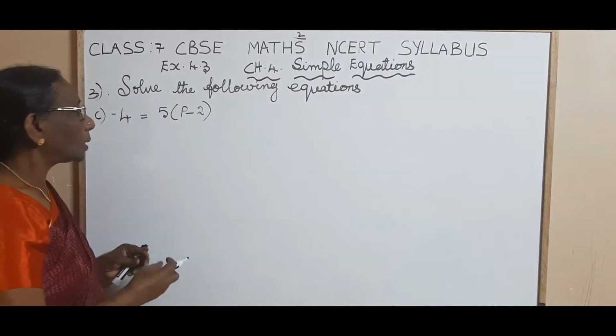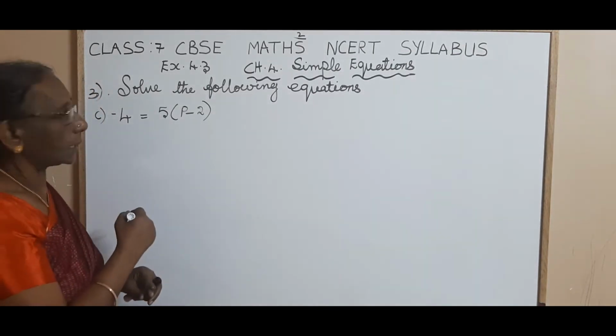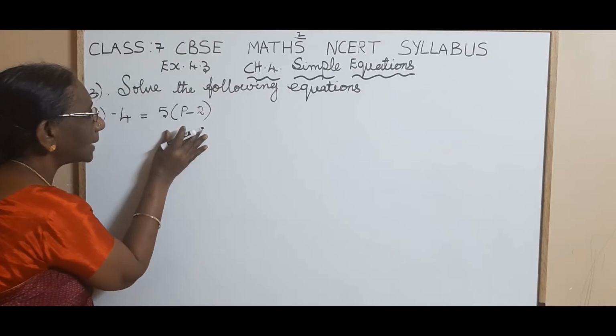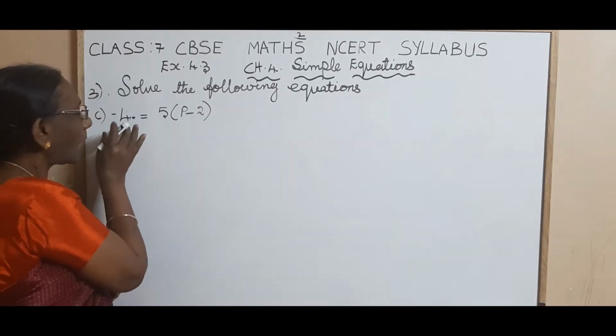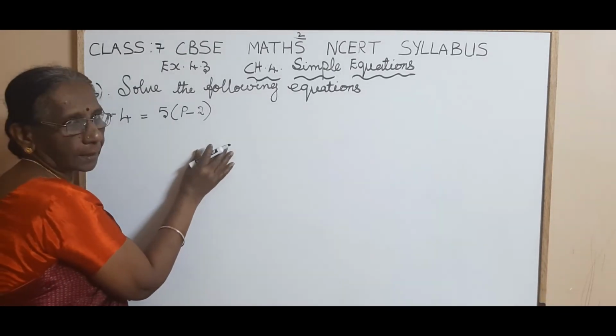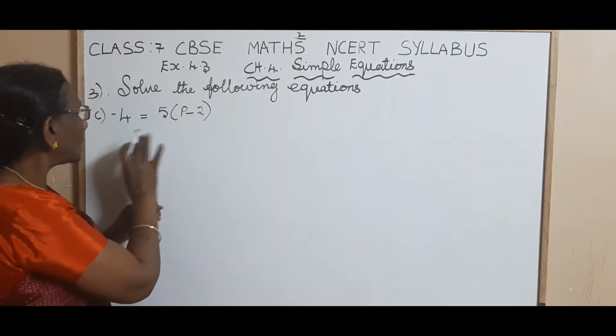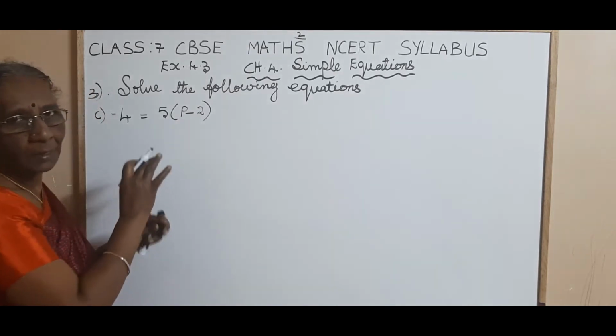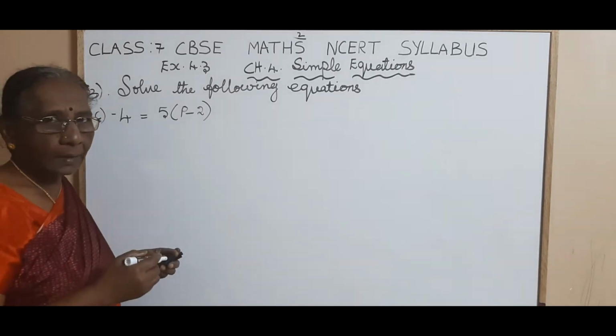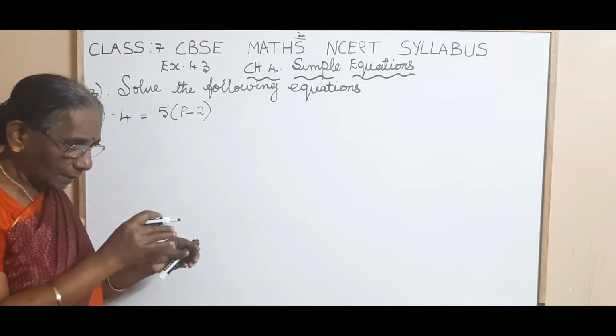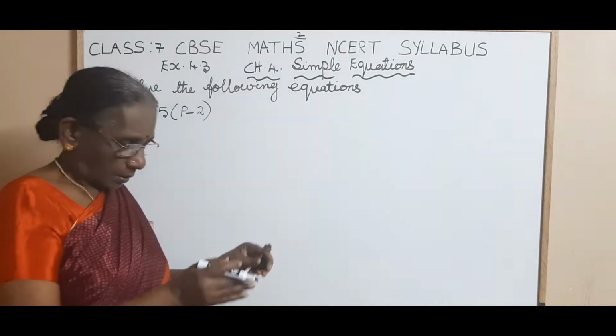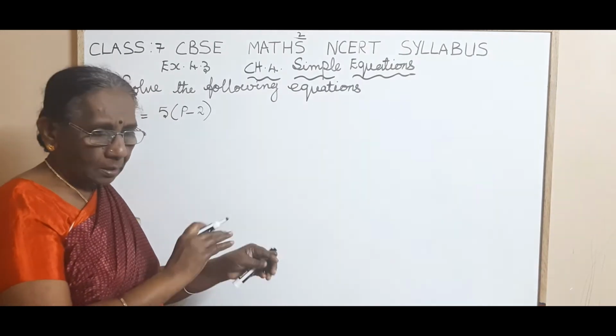Okay, children? So now let us interchange the given sides. So you write this right hand side as left hand side and left hand side as right hand side. No change will be there. Just like when you are weighing in a balance, the things are kept interchanged.